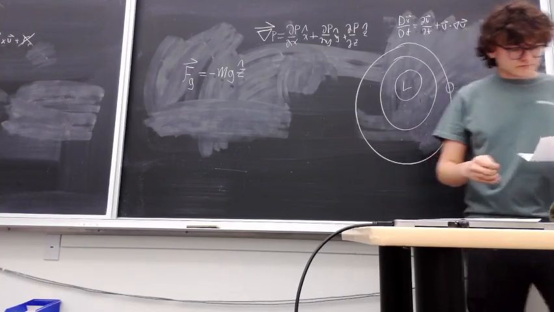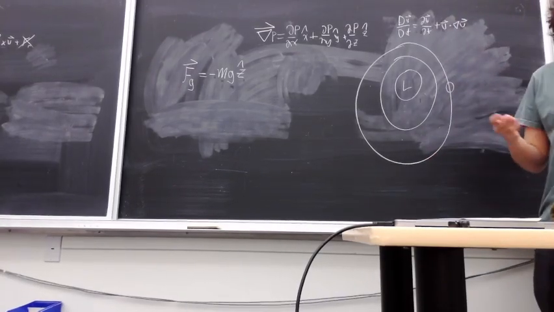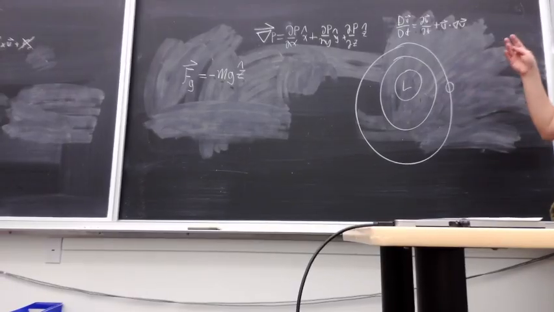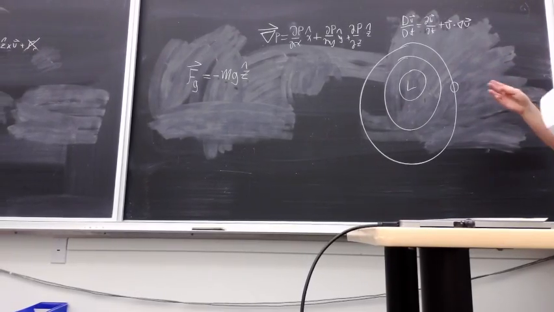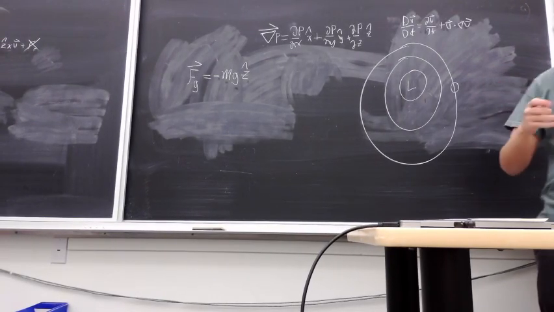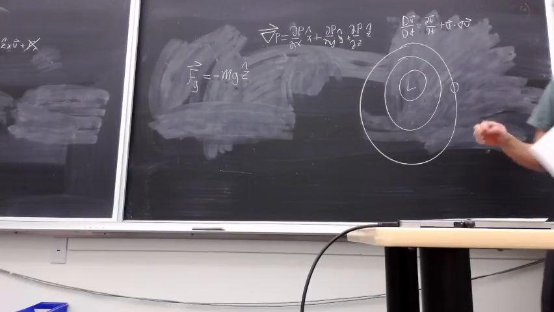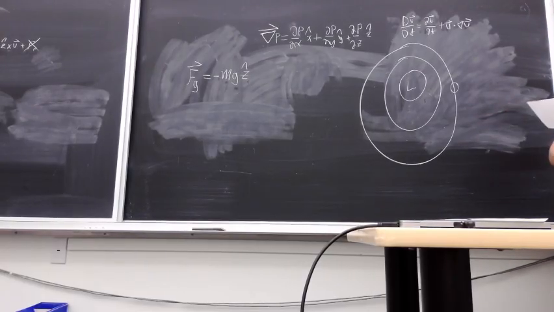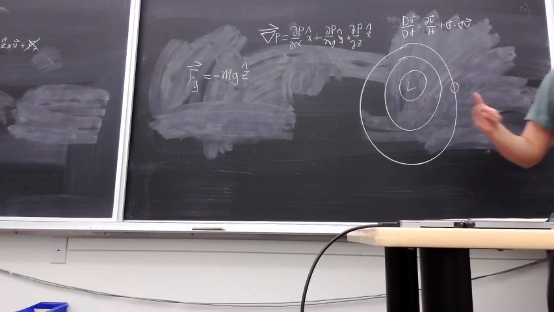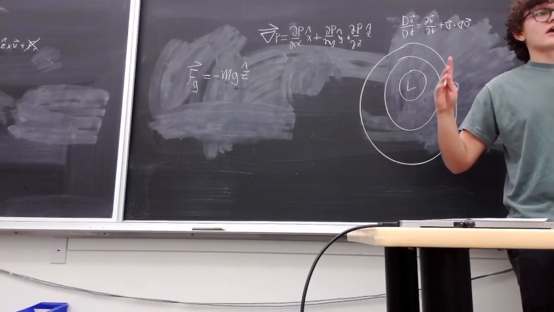Okay, so let's just say for each object in our equation, for each vector or scalar field, we can just get a gross estimate for how big it is.